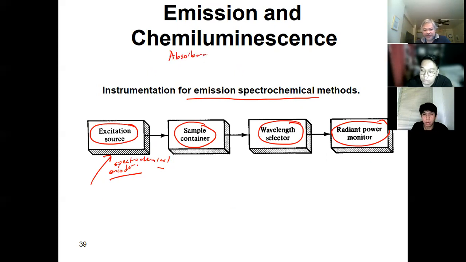But in the excitation here, being the spectrochemical encoder, the right excitation source, when applied to your sample container, will generate what? Some emission or chemiluminescence. The emission that results from the excitation of the analyte species by a flame, plasma, or chemical reaction encodes the concentration of the analyte as the radiant power of emission.